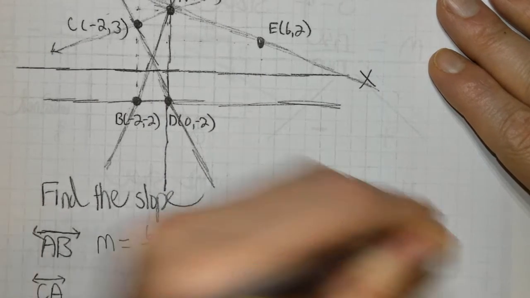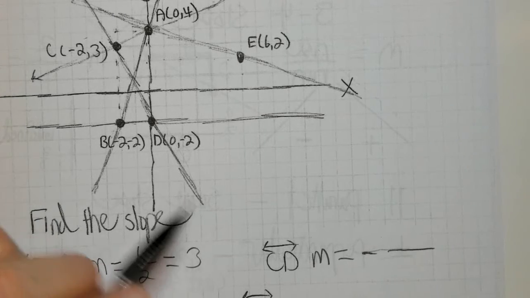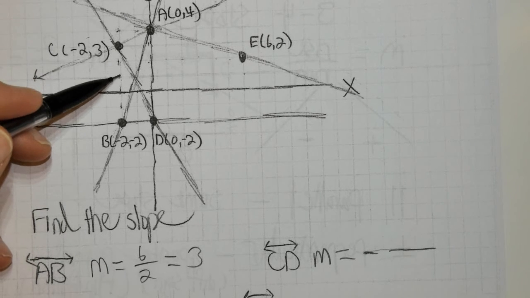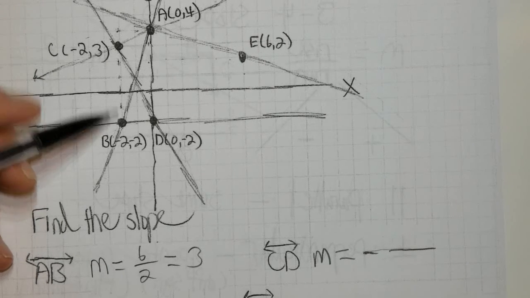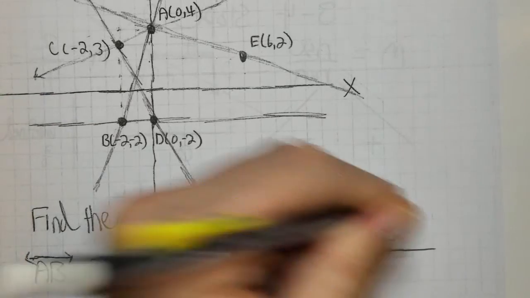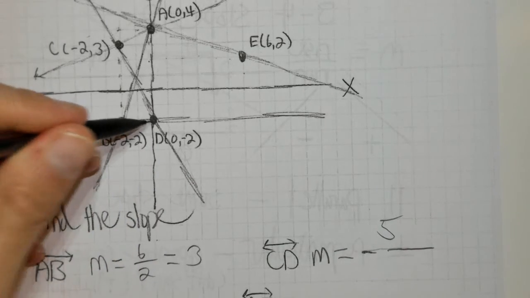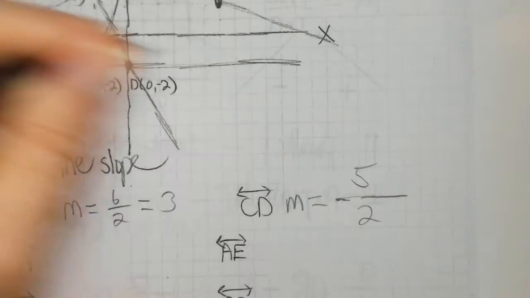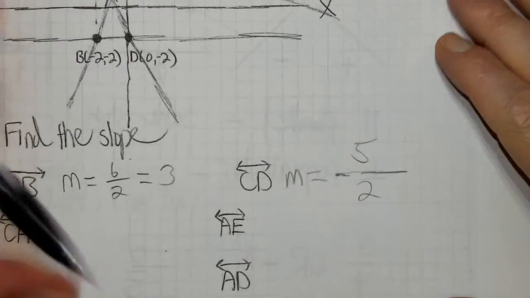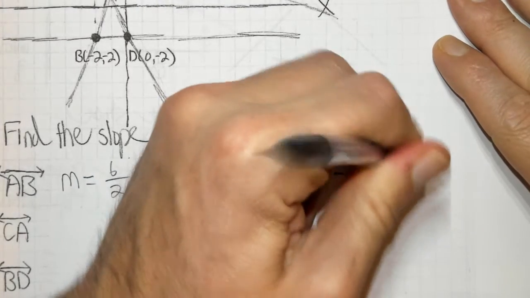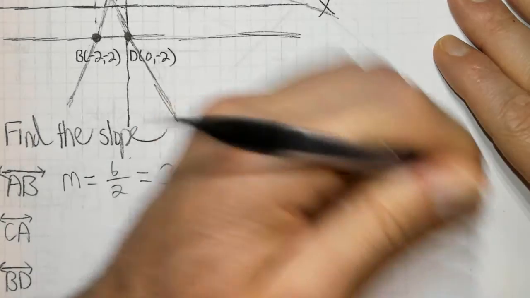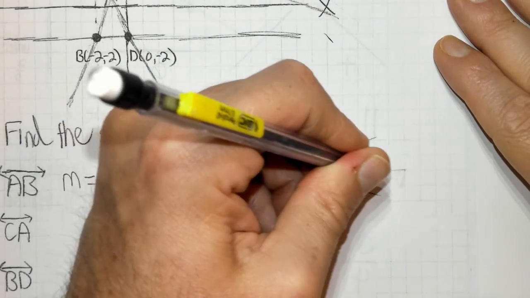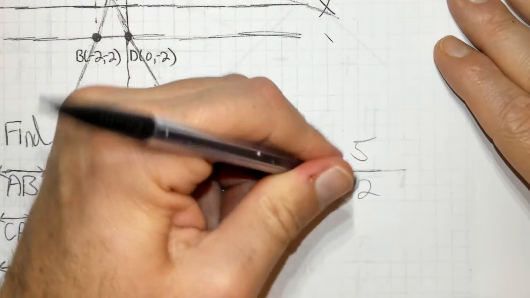All right. Let's see here. So it's down by 1, 2, 3, 4, 5. So it's negative 5 over, the run is 1, 2. And so it's negative 5 over 2. And then that's your slope of this line. Negative 5 over 2.